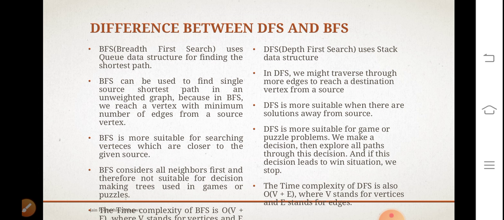BFS is more suitable for searching vertices which are closer to the given source. DFS is more suitable when there are solutions away from the source.